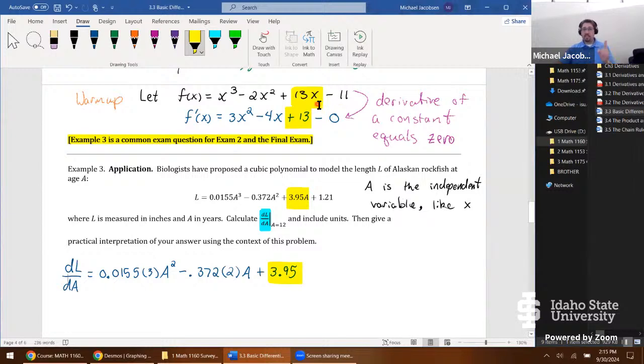If your variable has power 1, like the 13x there, you just take the coefficient upon differentiating. Likewise down here, a is like our x in this problem. Honestly, that's what makes these kind of confusing, new variables out of nowhere. But the power is 1 on a, and so all we do is take the coefficient when we go to the derivative. Finally, 1.21 is constant, so when we differentiate that part, it goes to 0. I'll plug down here plus 0 just to emphasize what happened with that last term.